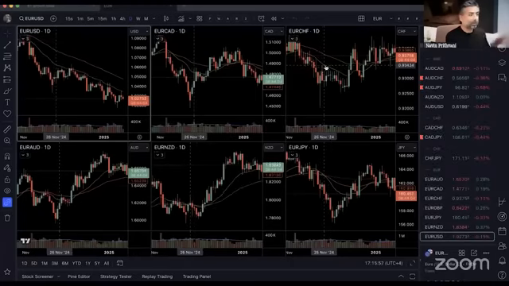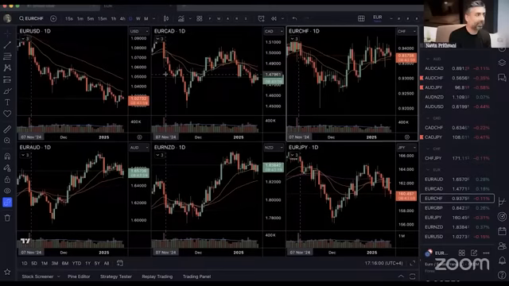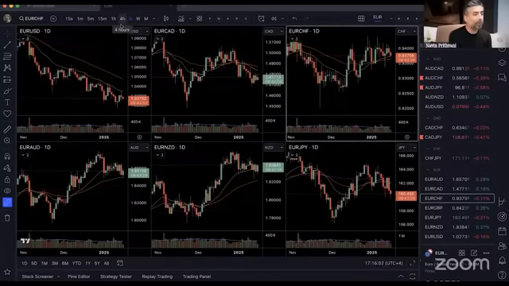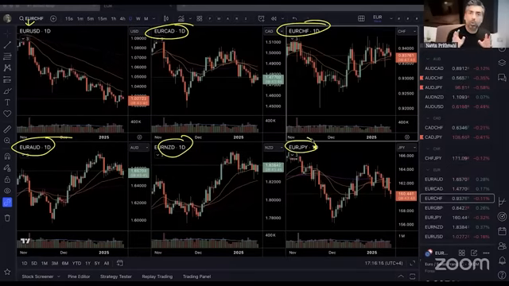Now, what I've done is I've opened up Euro on my charts here for you guys to see. Okay. Now, if you look at Euro, this is Euro USD. This is Euro CAD, Euro Swiss franc, Euro Aussie, Euro New Zealand, and Euro Yen. They're all Euro, right? I want to know for a whole, what's happening to the Euros?